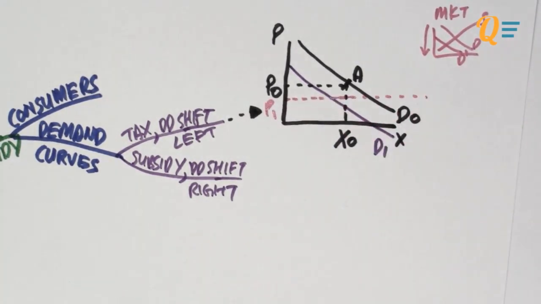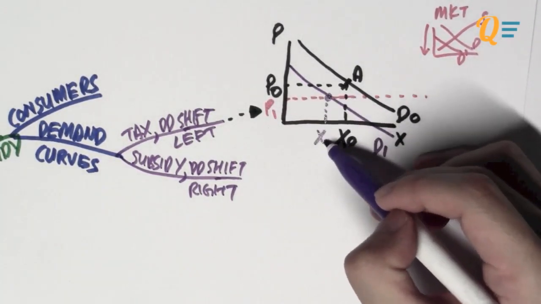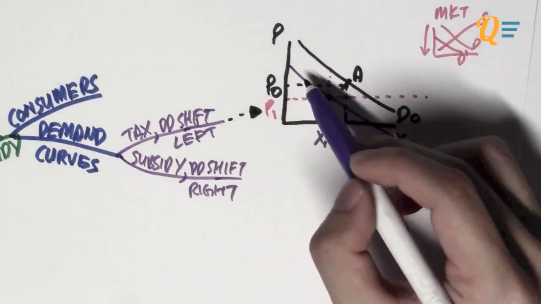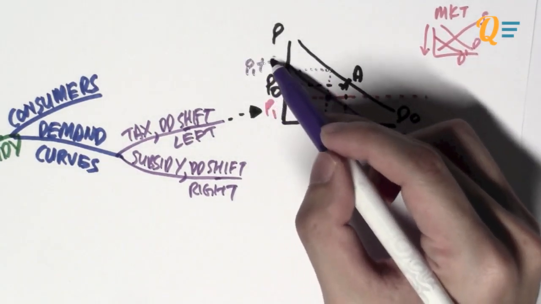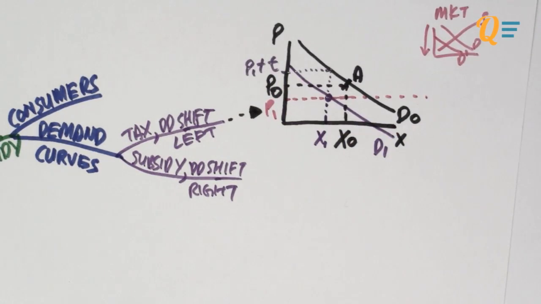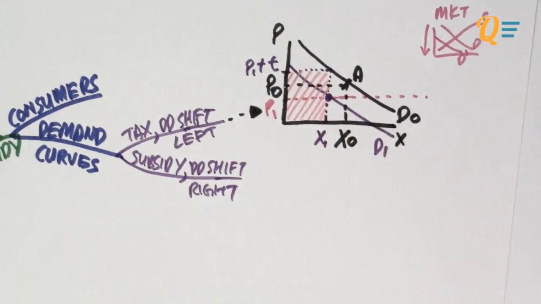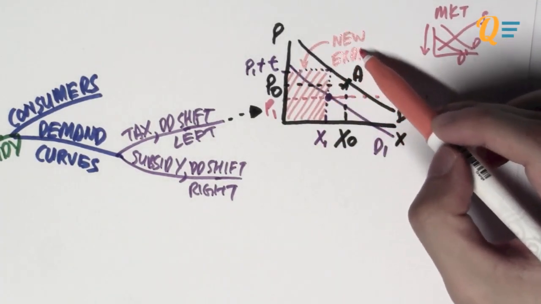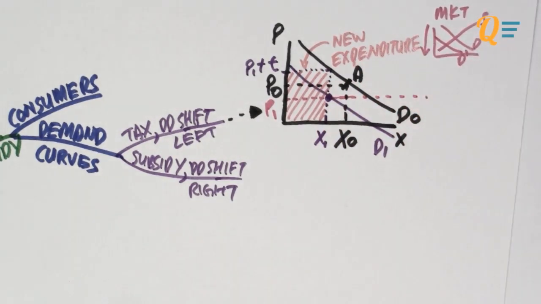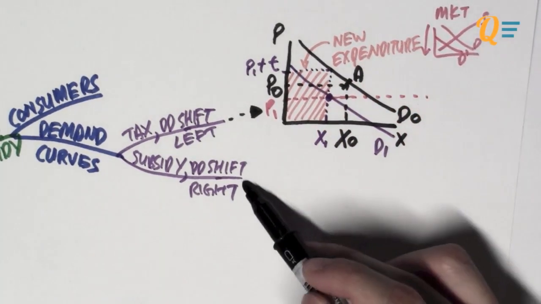So let's just say that the price level has fallen to P1. So the consumer is now going to consume X1 amount of X, and how much is he paying? He's basically paying P1 plus T. So T over there refers to the per unit tax on consumption that the consumer faces. So this orange portion over here actually refers to the new expenditure that the consumer is spending on X.